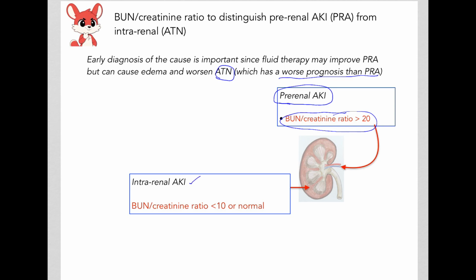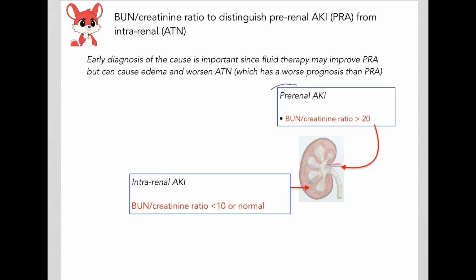However, in case of intra-renal AKI, the BUN creatinine ratio is either less than 10, so it's on the low side, or it could be in the normal range. So high here in case of pre-renal AKI, normal or low in case of renal AKI.